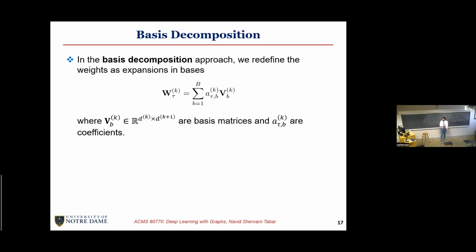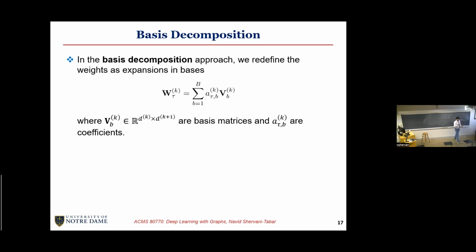So first things first, let's go over the basis decomposition approach. As I said before, and as you can see from the name, we decompose the weight into some basis V. So let's say that we have some basis matrices V for each type. We write the W as a decomposition into these basis matrices.